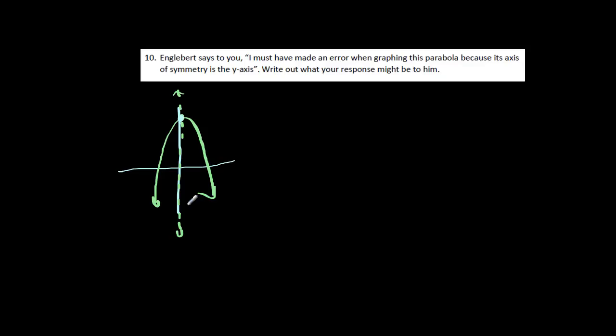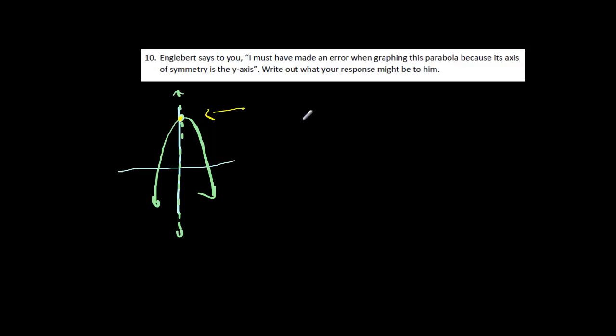So basically he's saying that you cannot have a parabola that has a vertex that lies on the y-axis. Because if a vertex lies on the y-axis, then the y-axis is the axis of symmetry.